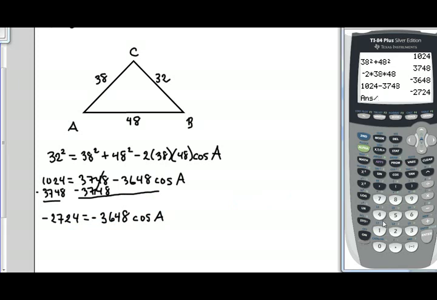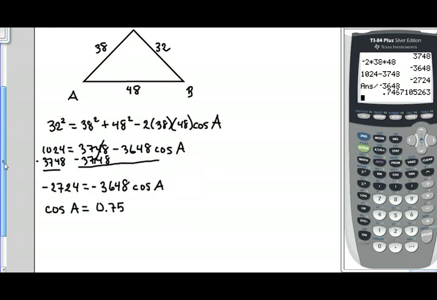So let's just rearrange here. We get that the cosine of A is equal to, let's round that to 0.75.